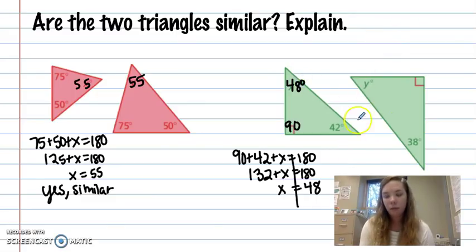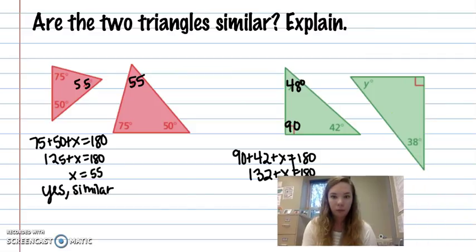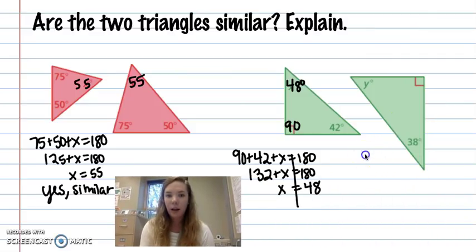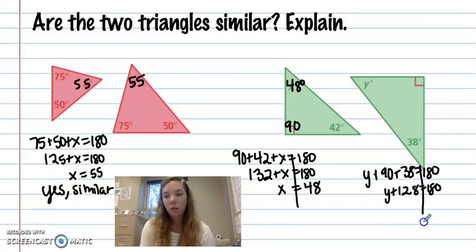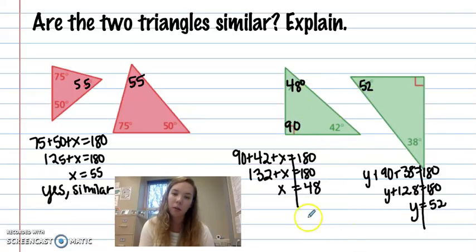On this one, I have Y plus 90 plus 38 equals 180. 90 plus 38 is 128. And if I subtract 128, I should get 52. Okay? So these are not the same angles. They're not the same numbers. So this is no, not similar.